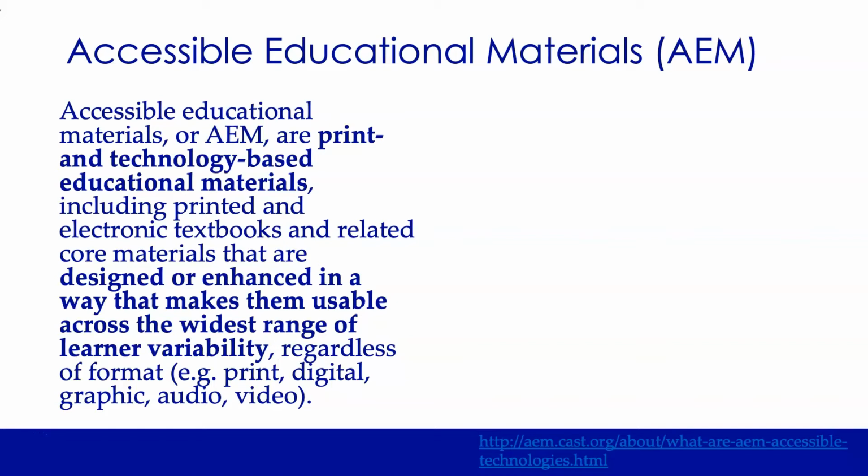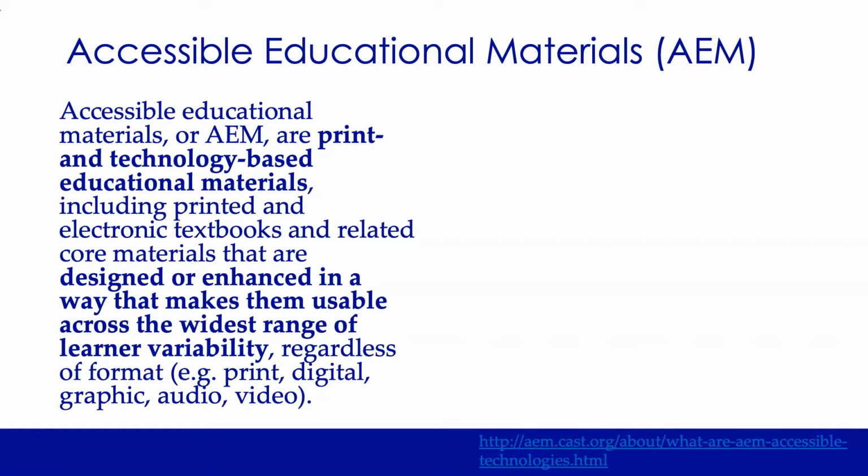For example, if we're talking about a print-based material, it may result in a number of different barriers that actually negatively impact accessibility for a variety of students. Students with learning disabilities who may have decoding error issues may not be able to access those materials in a way that's going to allow them to learn.